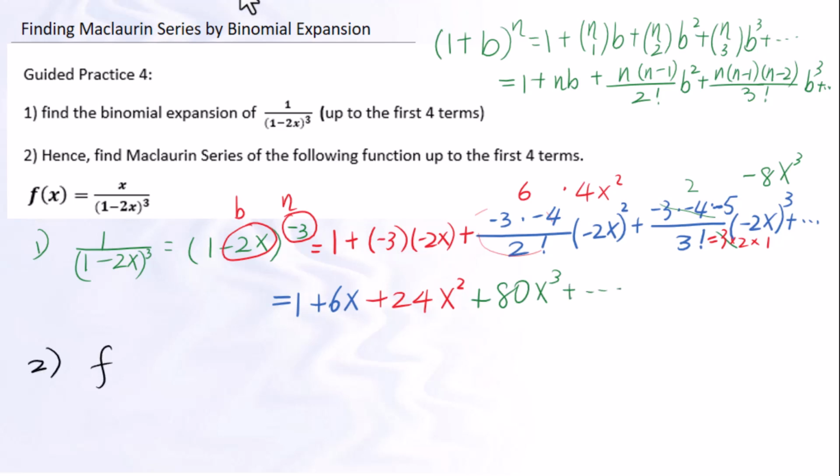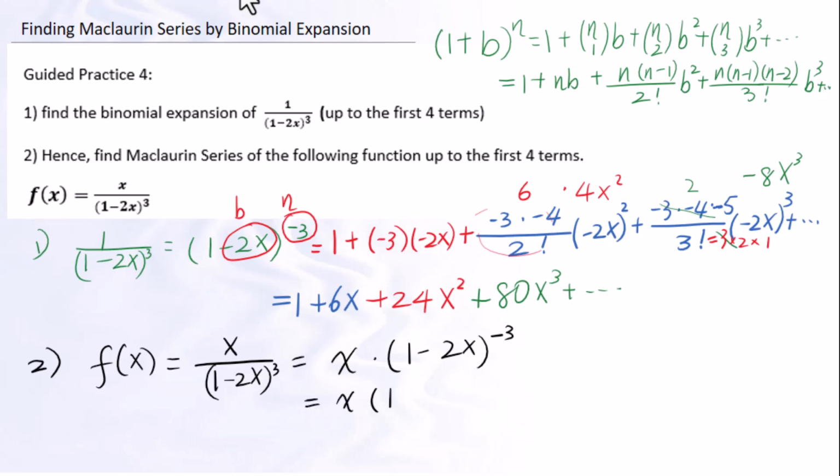Therefore, for f of x equals x over 1 minus 2x to the third power, we can write down x times 1 minus 2x to the negative third power equals x times 1 plus 6x plus 24x squared plus 80x to the third power, and so on.